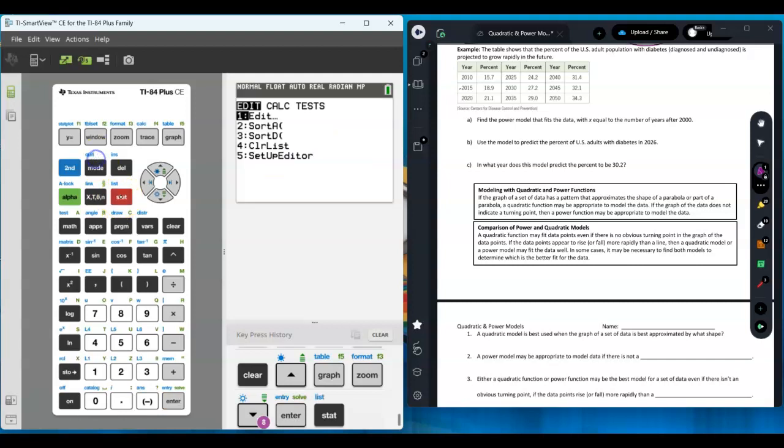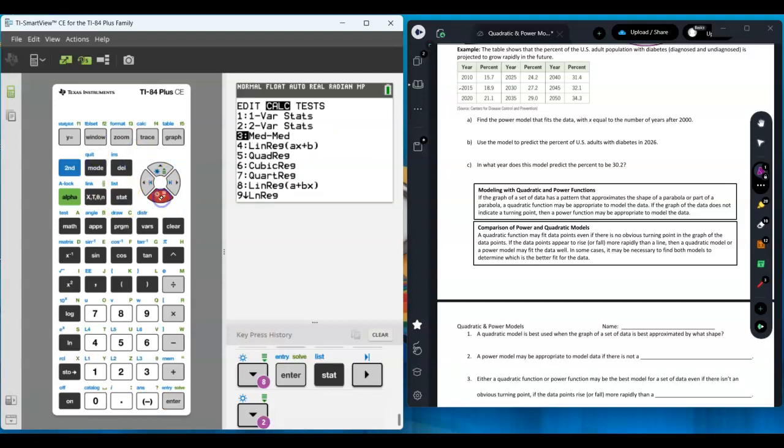So we're going to go to Stat and then over to Calc. And then this time I'm going to choose, rather than linear or quadratic, a power regression model, which is PwrReg, stands for power regression. And I'm going to select that option. My X values were in L1, my Y values are in L2.